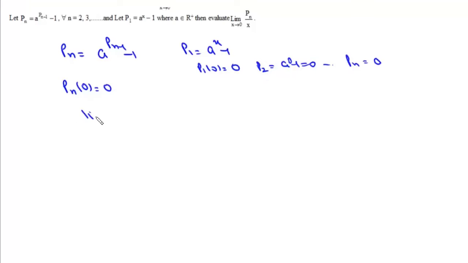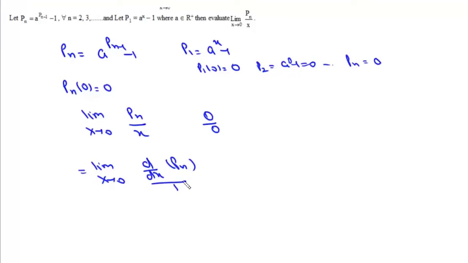So you have to find this limit, x tends to 0, P_n upon x, which will be 0 upon 0 form. And if it is 0 upon 0 form, we can use L'Hopital's rule. So it will be equal to d by dx of P_n upon 1. Now we differentiate P_n, it will be this limit x tends to 0.